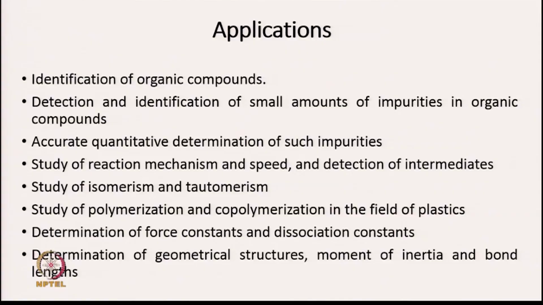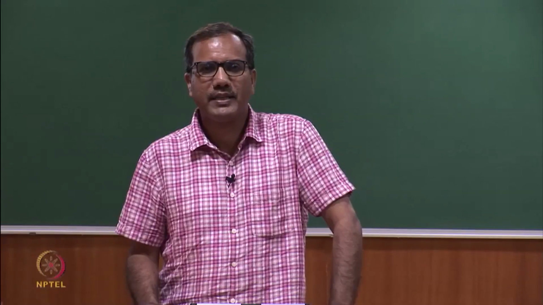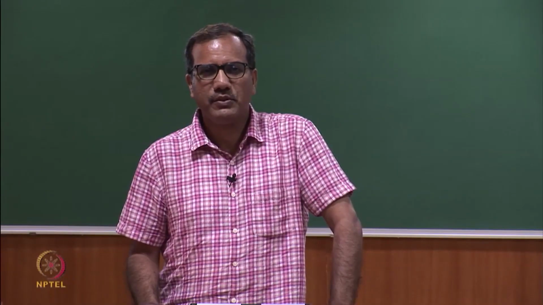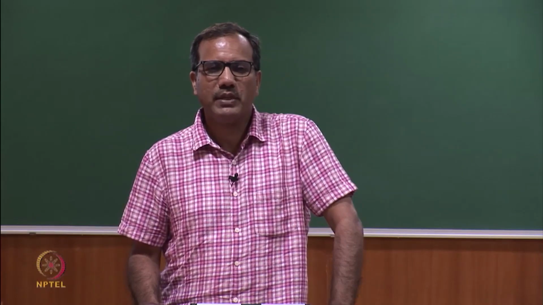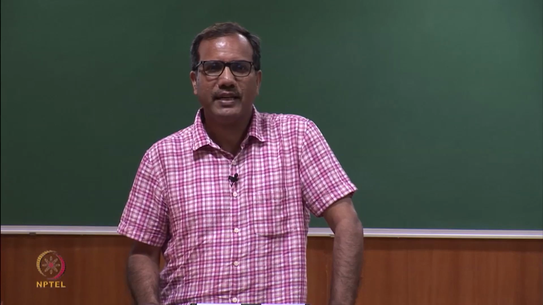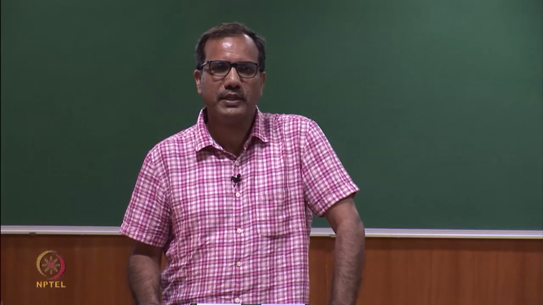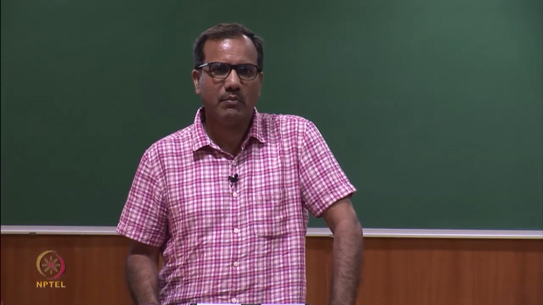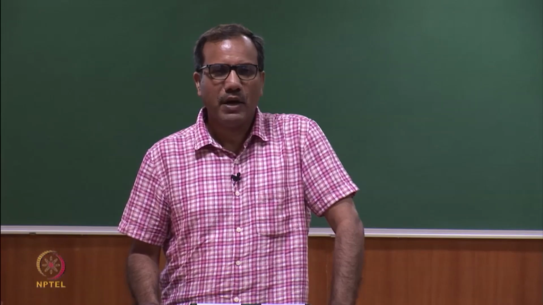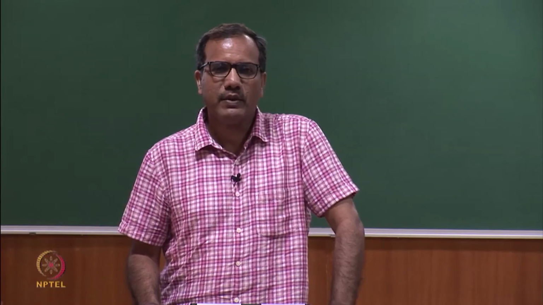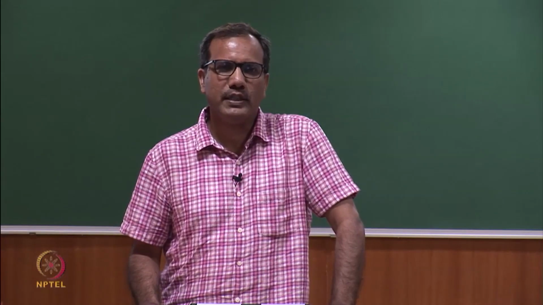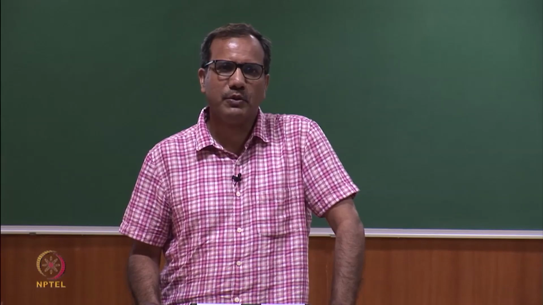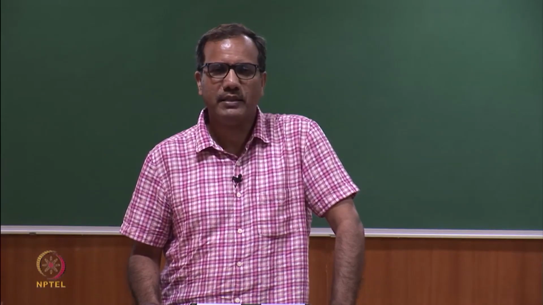During the last lecture I discussed how IR spectroscopy can be used to identify organic compounds, and how it can be used to detect and identify small amounts of impurities in an organic compound. Apart from detection, we also looked at how the amount of this impurity can be determined.